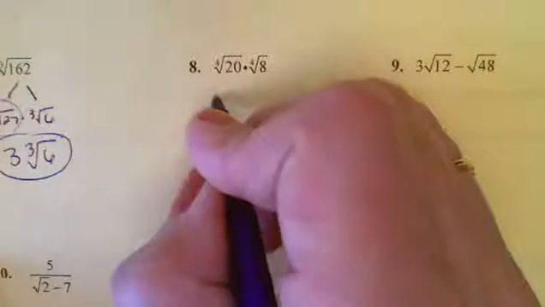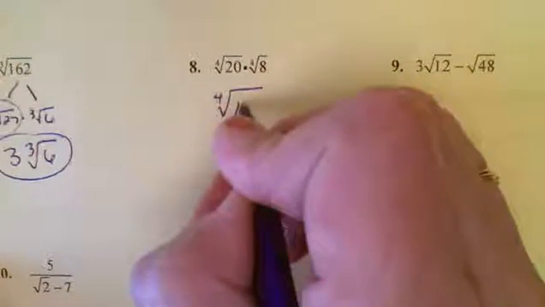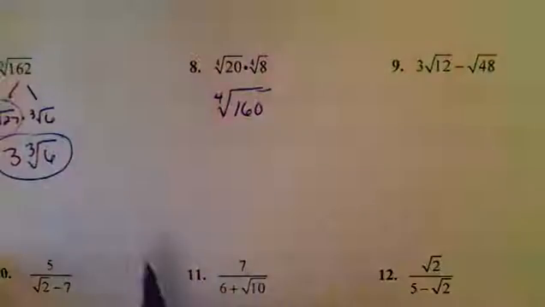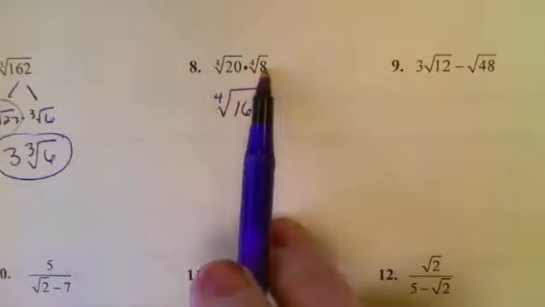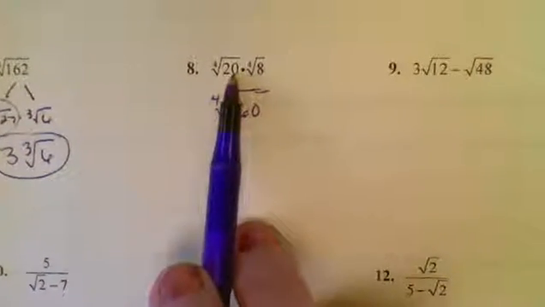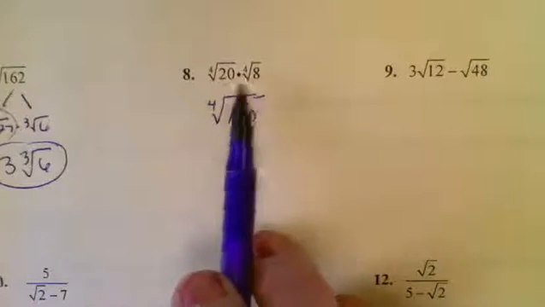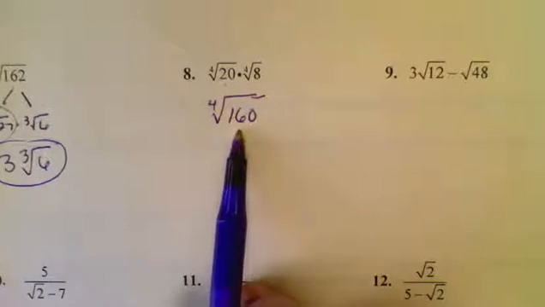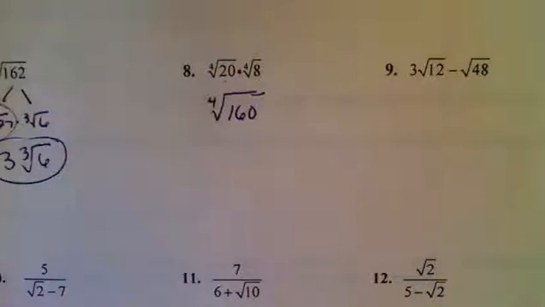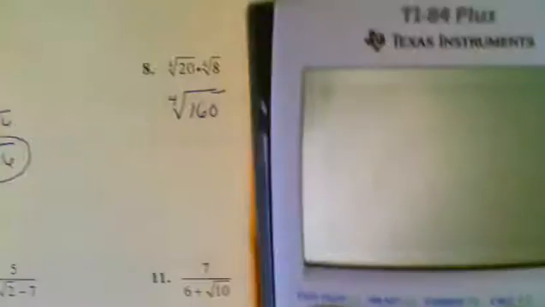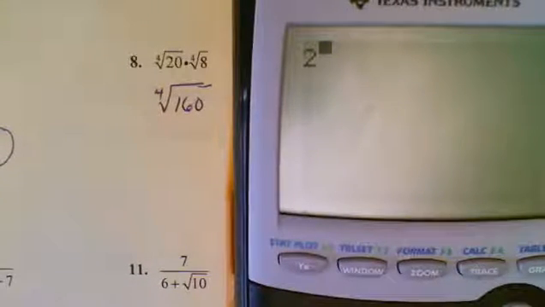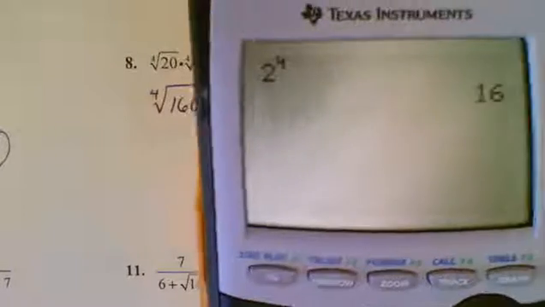20 times 8 is 160. So I'm going to put them together because I can't simplify the fourth root of 8 or the fourth root of 20 as is. But now when I multiply them together, I get the fourth root of 160. So now let's think of perfect fourths. 2 raised to the fourth power is 16.